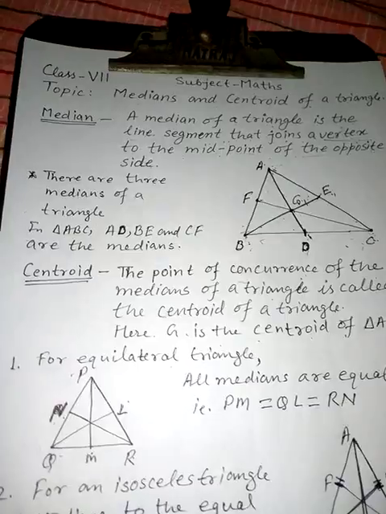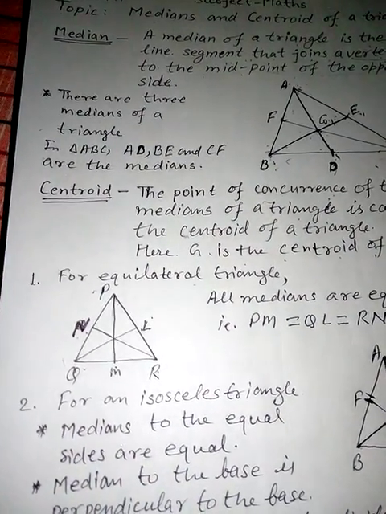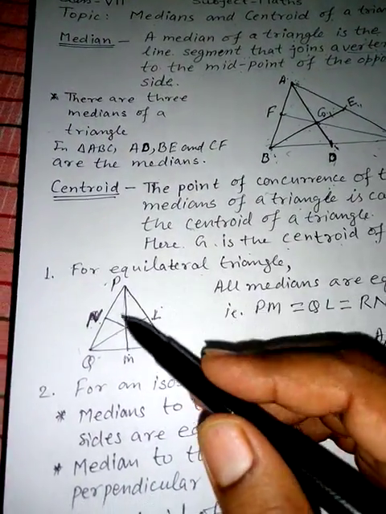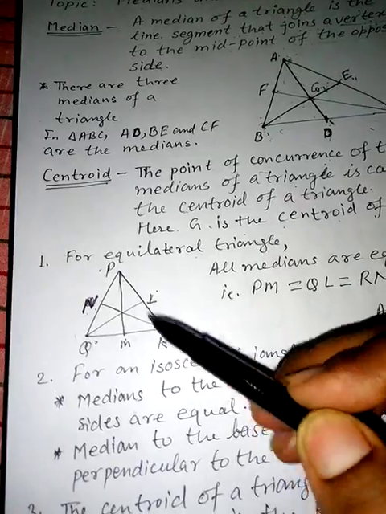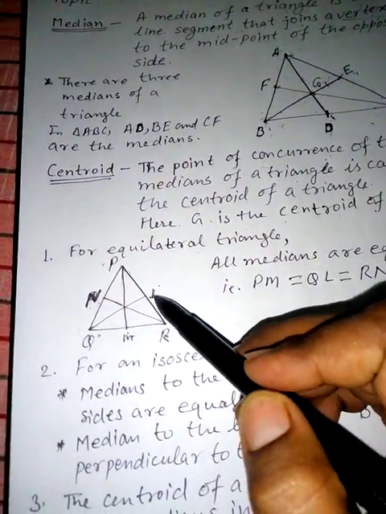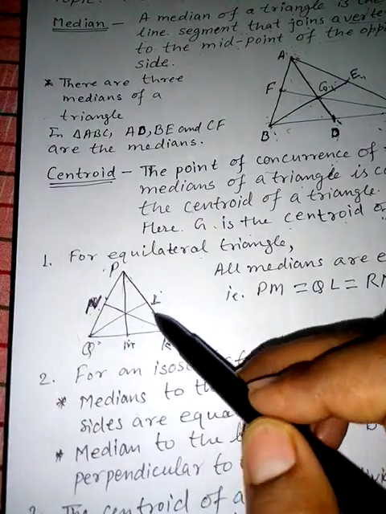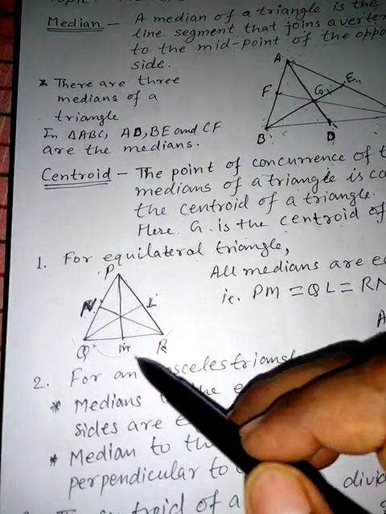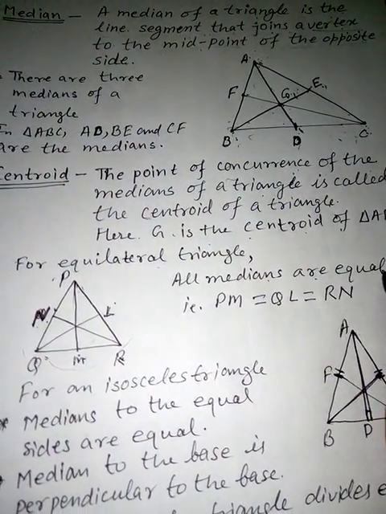Now for special features we have to talk about a special case. For an equilateral triangle, you can see in this equilateral triangle PQR, PM, QL and RN are the medians of this triangle PQR. All medians are equal.